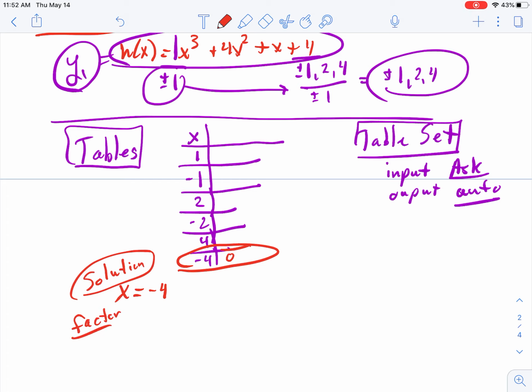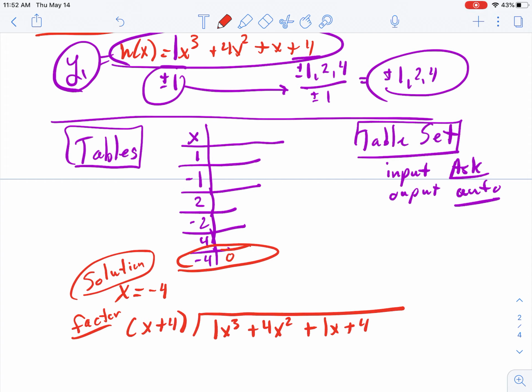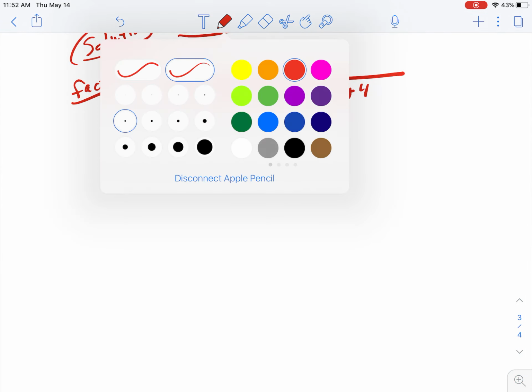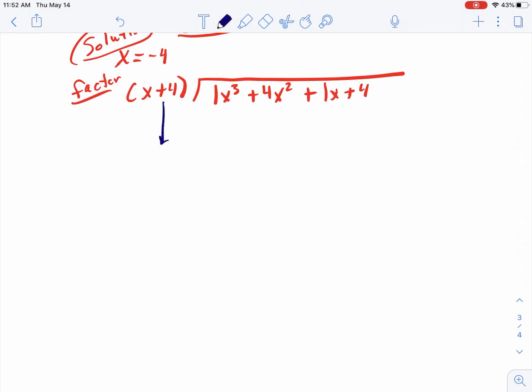So that would mean that x equals -4 is one of my solutions, but now I need a factor, which would be x plus 4. And that I need to divide into 1x cubed plus 4x squared plus 1x plus 4. All right, now we're ready to divide out. Let's move it up.